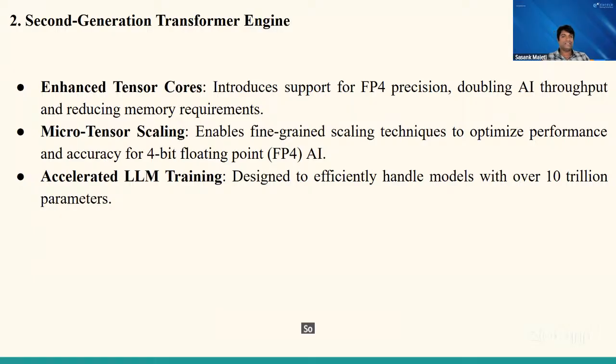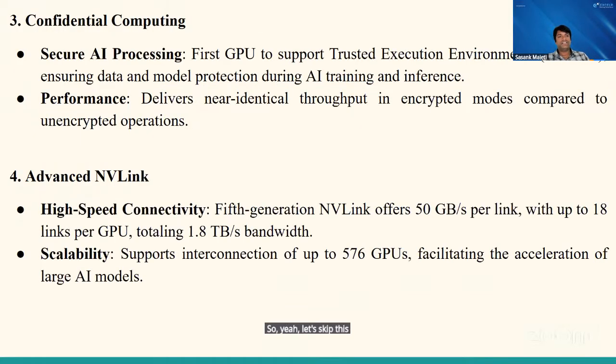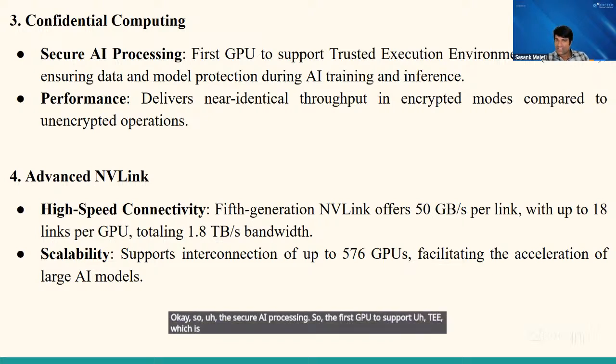So yeah, let's skip this. Next is confidential computing, the secure AI processing. It is the first GPU to support TEE, trusted execution environments, ensuring data and model protection during AI training and inference.